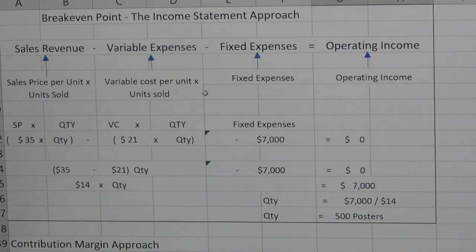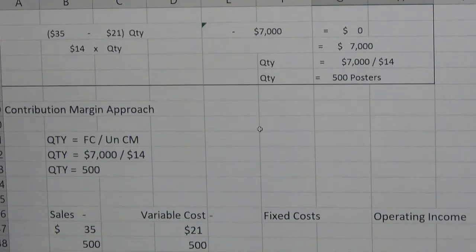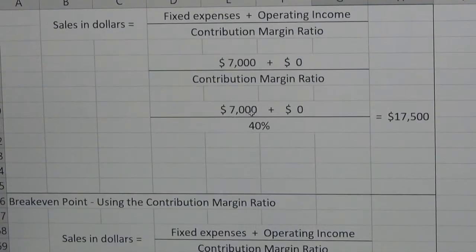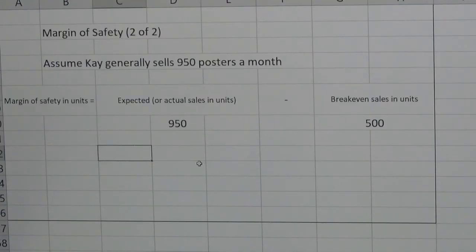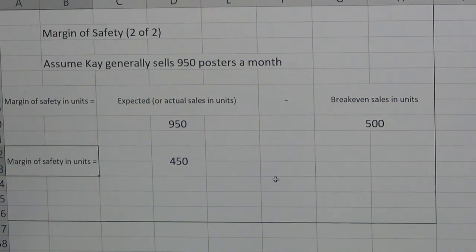Disregard the multi-product, just go way back to the beginning where we were just using a single poster, right? So if we use the 500, the difference is 450. So now we know that the margin of safety in units is 450, and we get that by taking the 950 and subtracting the 500.